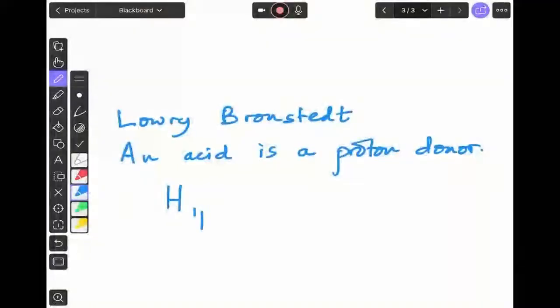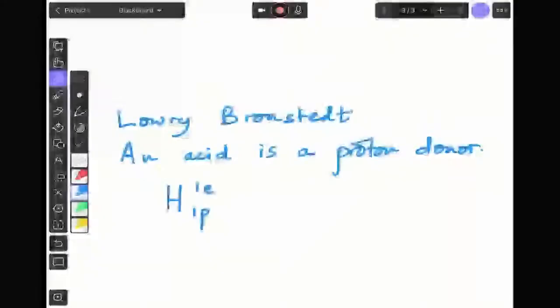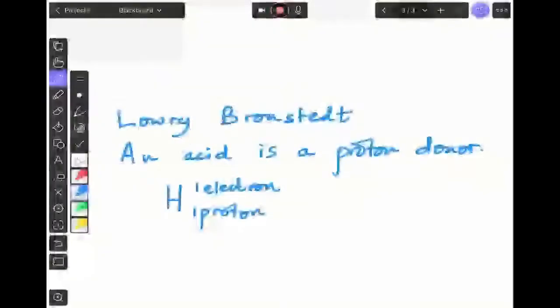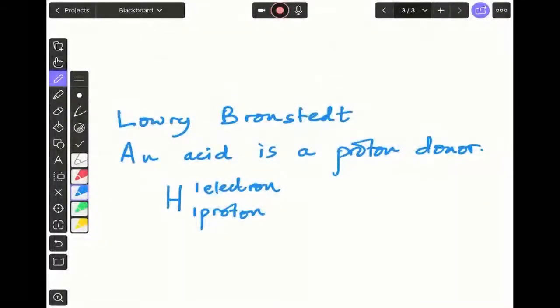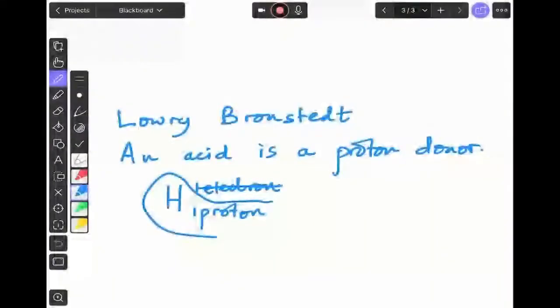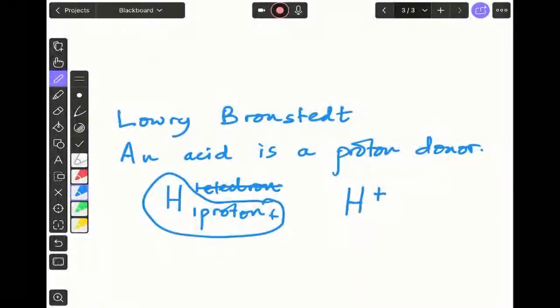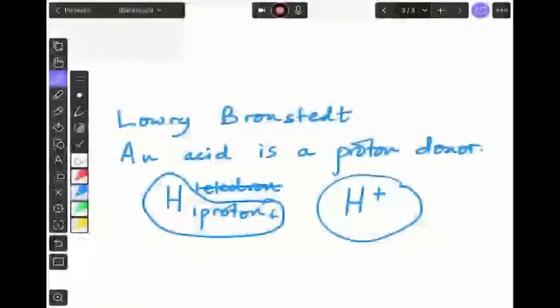So hydrogen has 1 proton and it has 1 electron. When hydrogen loses the electron, what is left over is the proton, which is positive. So when we say an acid is a proton donor, we are referring to an H plus ion. So a proton is an H plus ion.